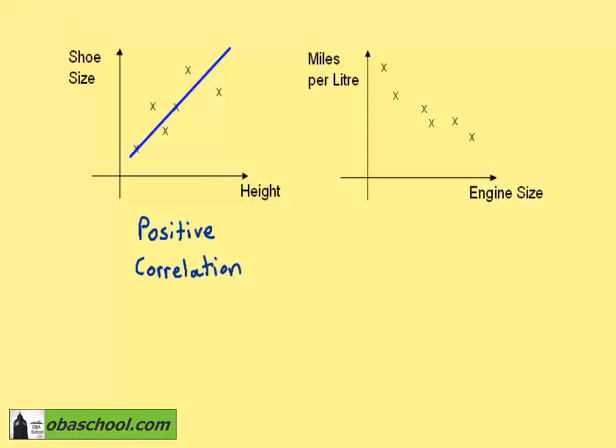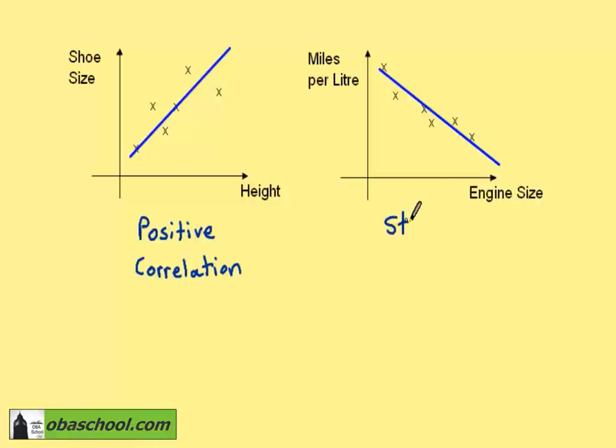Now if we consider this graph for miles per litre against shoe size and draw on a line of best fit, we can see here that the points are very tightly grouped around the line of best fit.